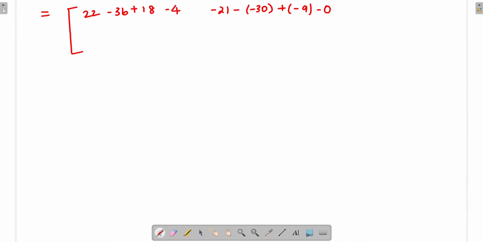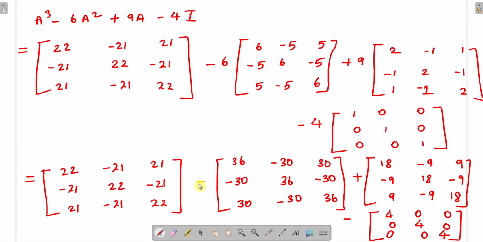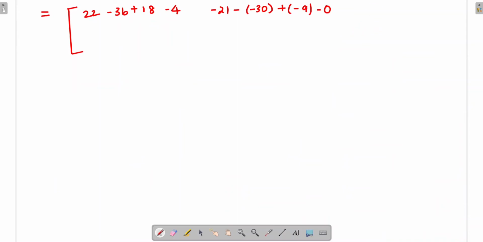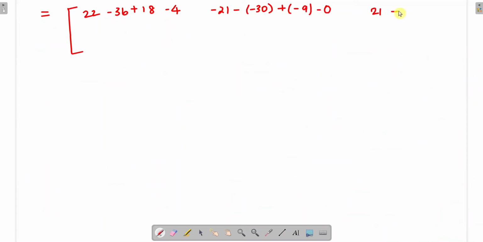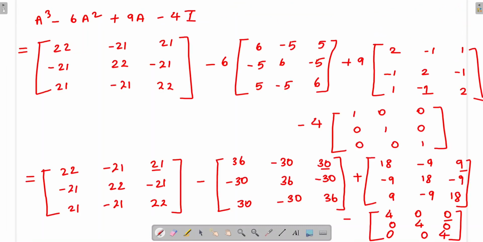Then 21 minus 30 plus 9 plus 0, or minus 0, same thing it is.